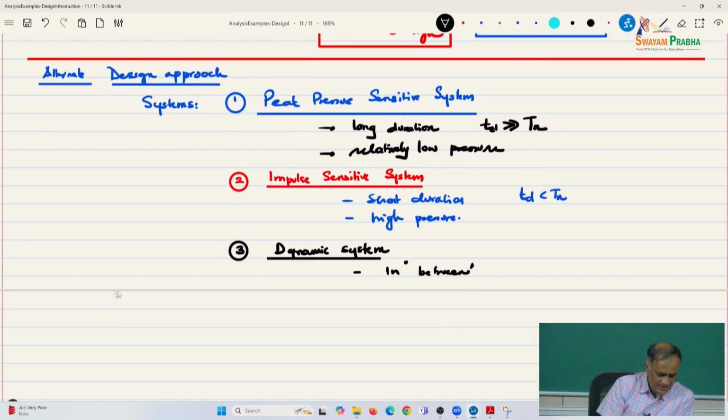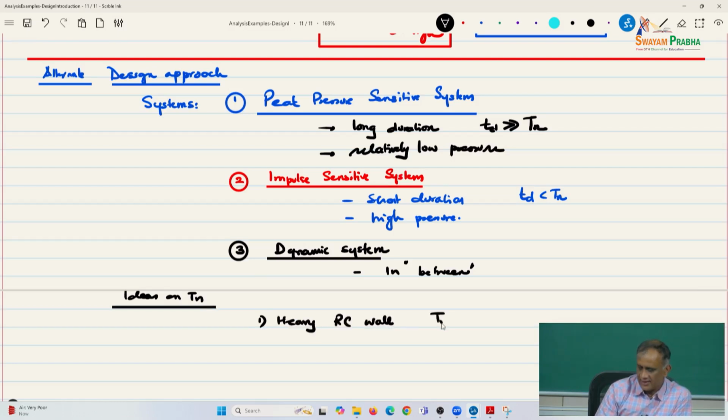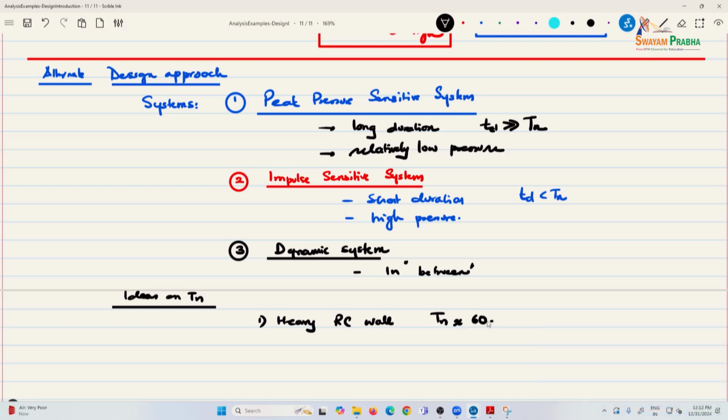Just as some ideas on Tn ranges, if it is a heavy RC wall, the Tn is in the range of 60 milliseconds and above.